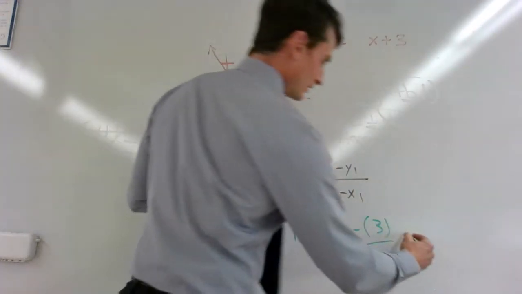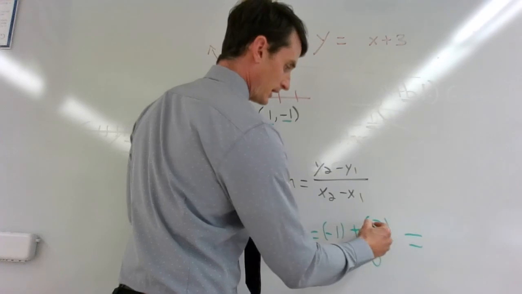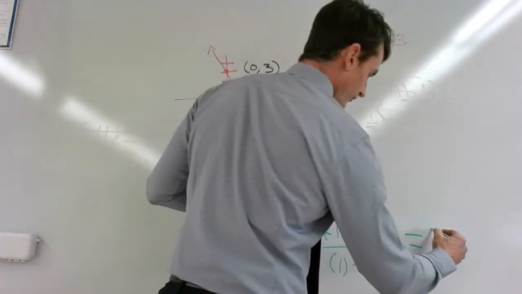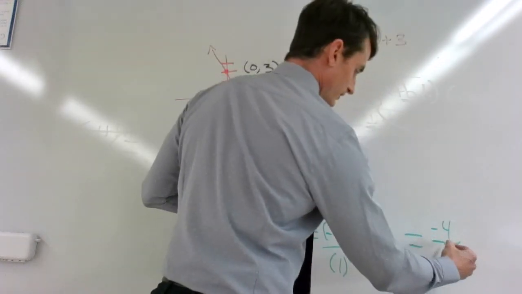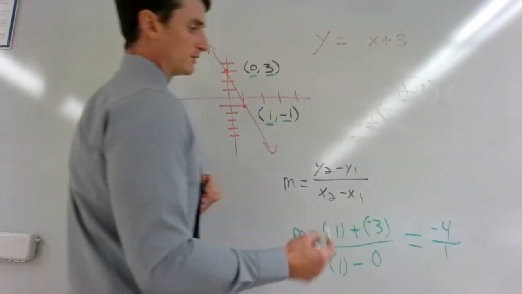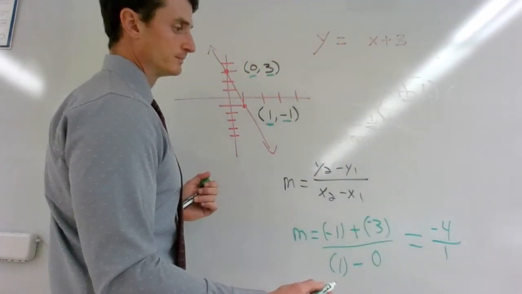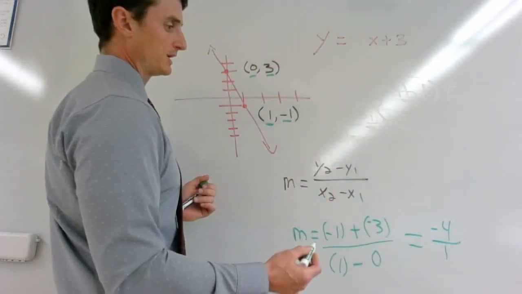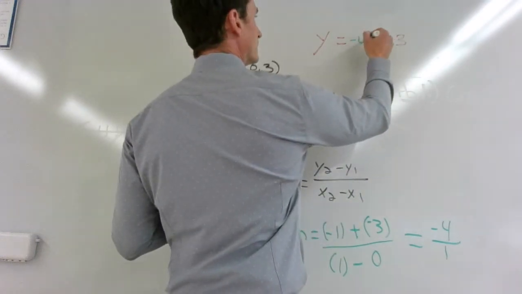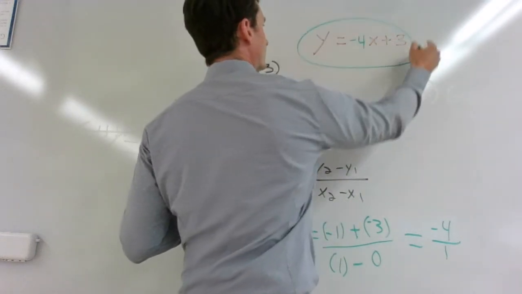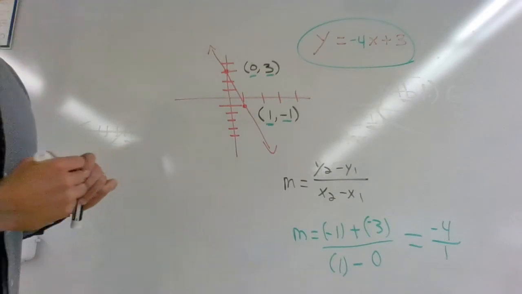Okay? So negative 1 minus 3, add the opposite, I end up with negative 4. 1 minus 0 is 1. So my slope is negative 4 over 1. And a negative divided by a positive is a negative, so we're going to leave it negative. y equals negative 4x plus 3.